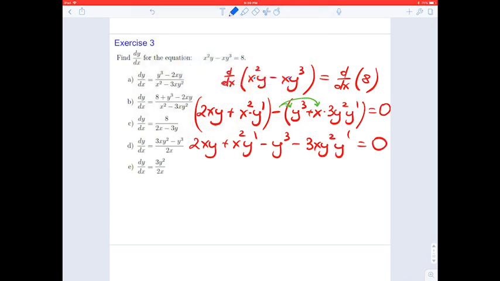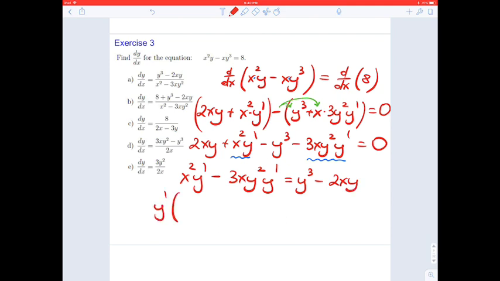I'm solving for the derivative. This means y prime, and y prime is here. I have to keep these terms on one side of the equation. X squared y prime minus 3x y squared y prime equals, and then I will add y cubed to both sides and subtract 2xy. Let's factor out y prime. X squared minus 3x y squared will stay in the parentheses.